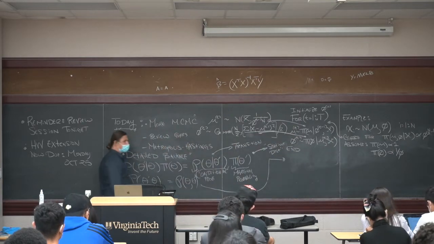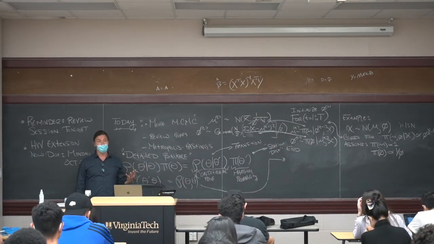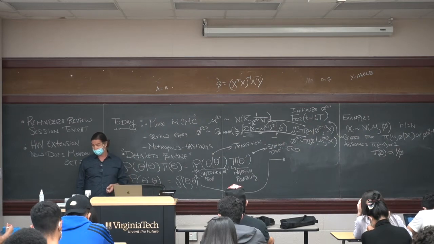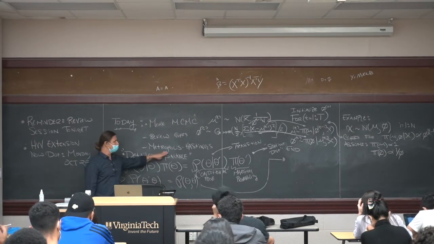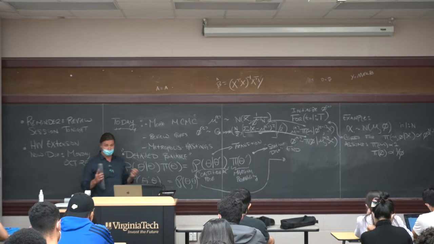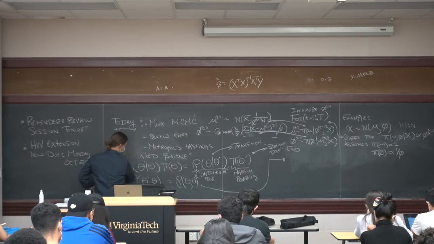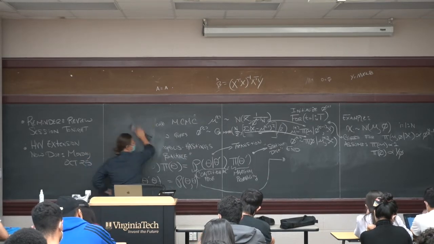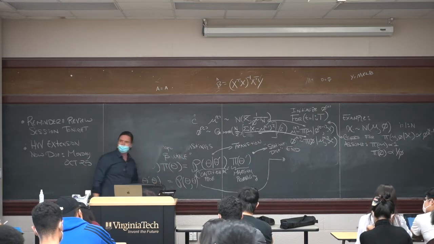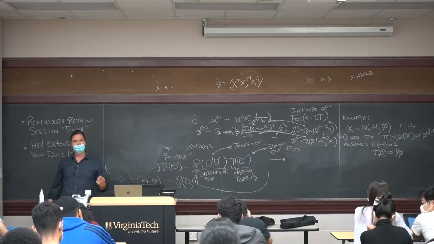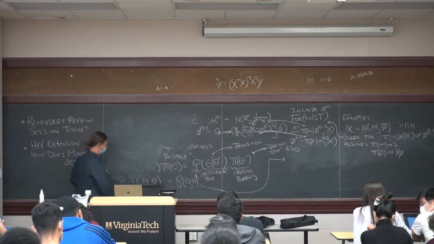Metropolis-Hastings is an algorithm that you can invoke when you don't know how to sample from the distribution. And you've got a lot of flexibility with Metropolis-Hastings, so let me tell you about that now. I guess I should ask, any questions before we proceed? Good.